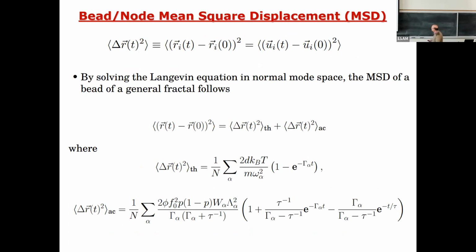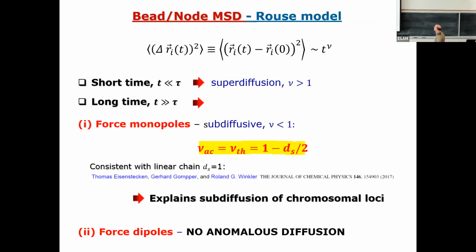It has a thermal part, because it's just active plus thermal noise. So there is MSD thermal and MSD active. This is the MSD thermal, and this horrible thing is the MSD active. Again, sorry about that, but you have the correlation time tau of the noise, and you have gamma alpha, all these functions.